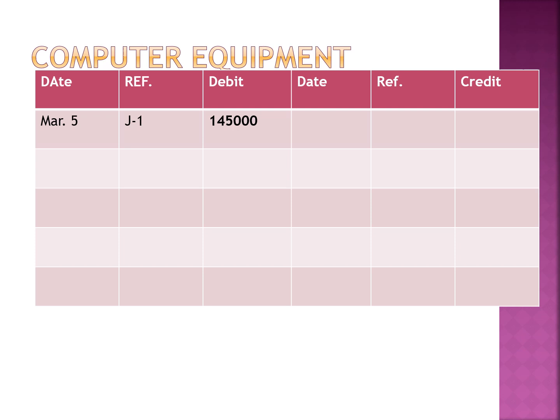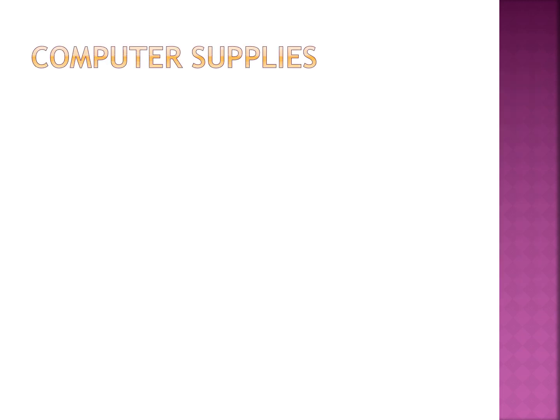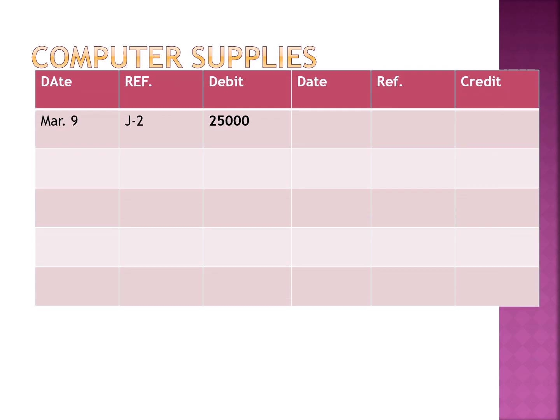Computer equipment. We only have one posting for computer equipment, because in our general journal we also have only one journal entry affecting computer equipment. It was on March 5 where the company bought computer equipment. It was debited for 145,000, in journal page 1, so J-1.